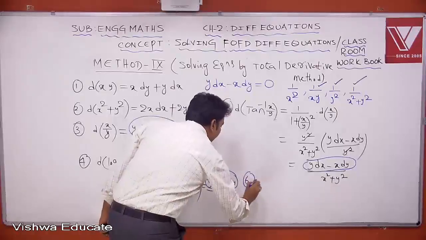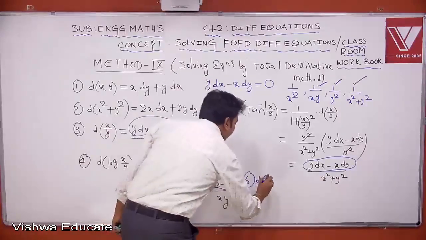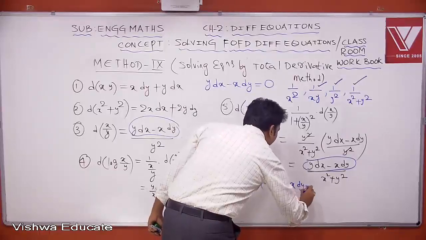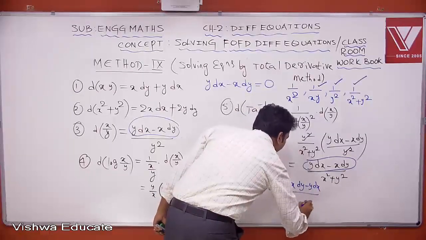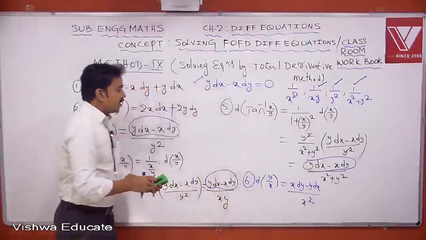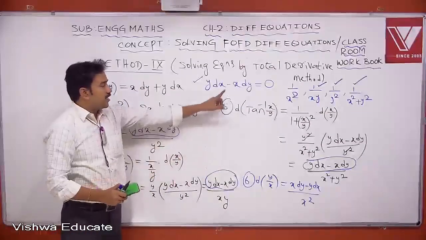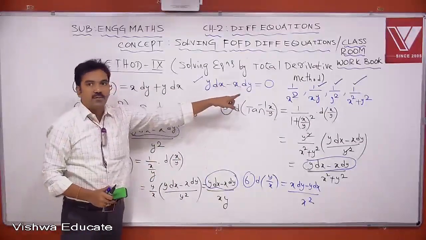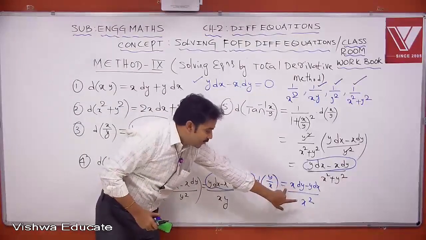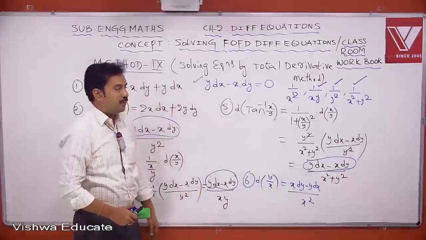Similarly, if I calculate the derivative of y by x, this is nothing but x dy minus y dx divided by x square. Now what is my equation? y dx minus x dy equals 0. This equation is the same as x dy minus y dx equals 0, so it is multiplied by 1 by x square.